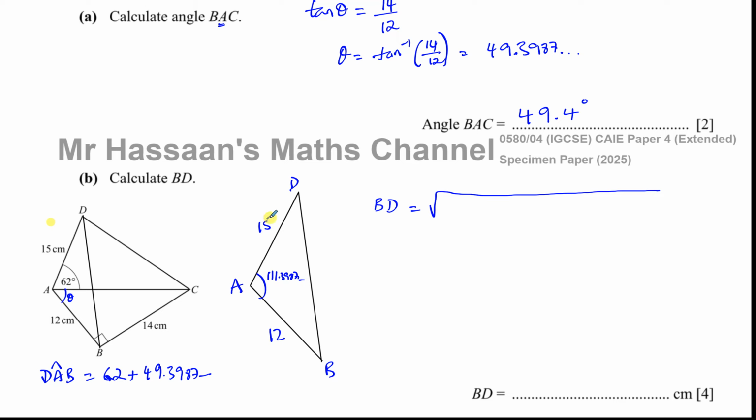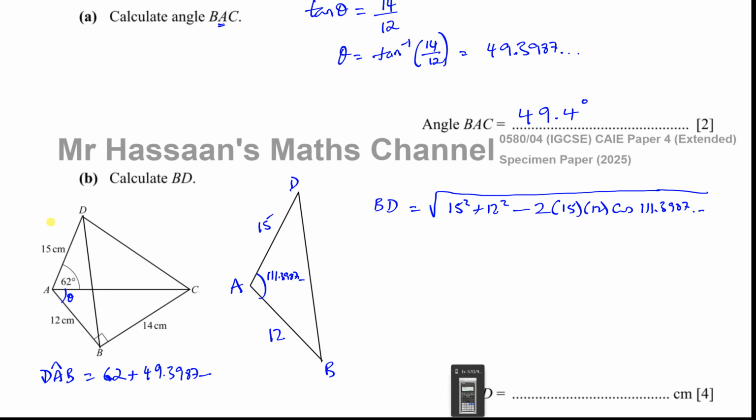So 15 squared plus 12 squared minus 2 times 15 times 12 times the cosine of the angle between them, which is the angle opposite the side we're looking for, 111.3987.